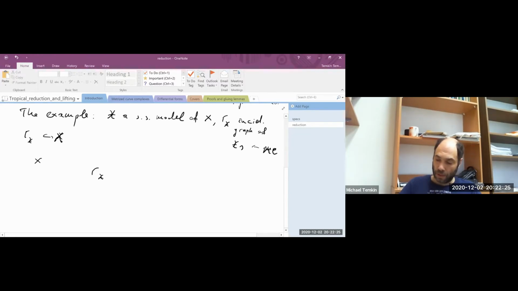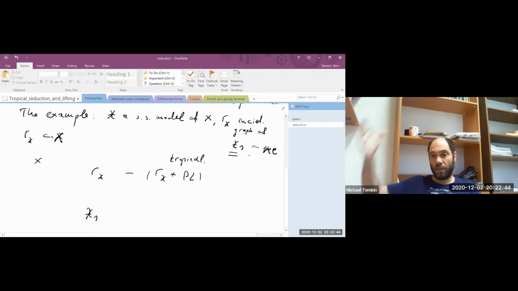Now, the four guys one can associate to X as follows. One can associate Gamma_X, which is just something topological. One can associate Gamma_X plus the induced PL structure, and this is a tropicalization. One can associate the closed fiber of a formal model. So this is some geometric object over the residue field. And one can combine them together in two ways.